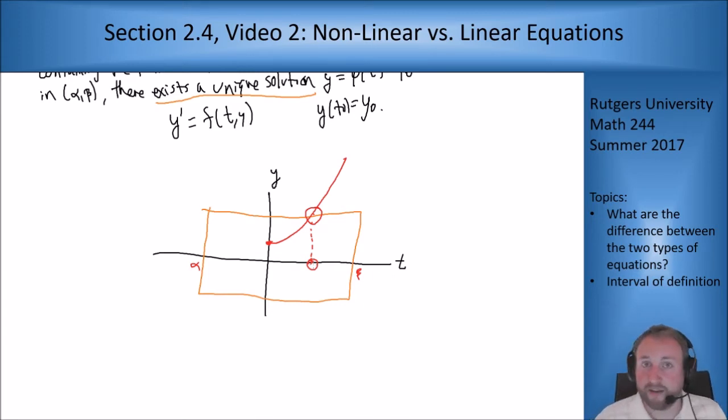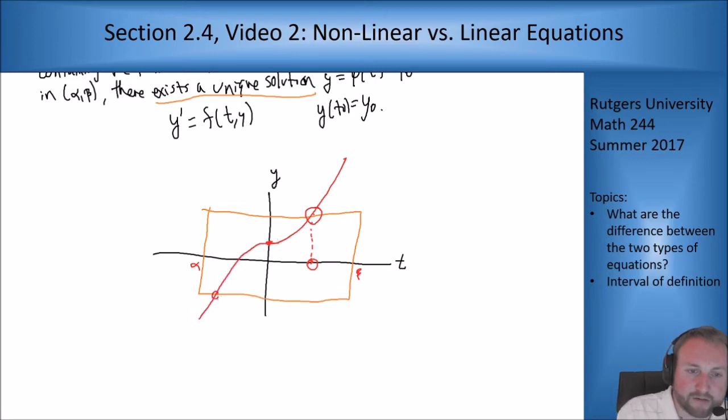And I have no way of knowing that a priori before I solve the actual problem. Right? I have no way of knowing when my solution is going to hit that point unless I actually solve the equation. So this idea of where my curve might leave my rectangle, from this point to this point, this is the idea of the interval of definition for an equation.